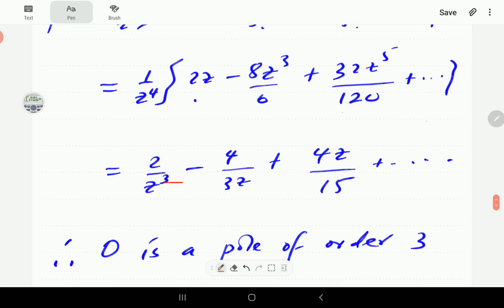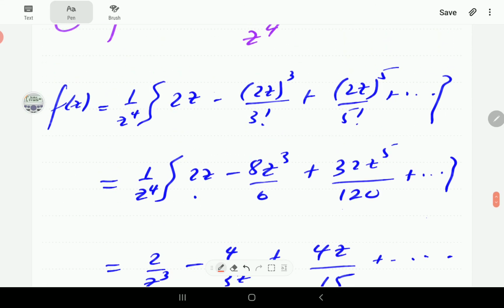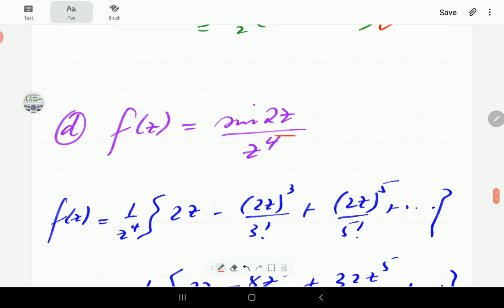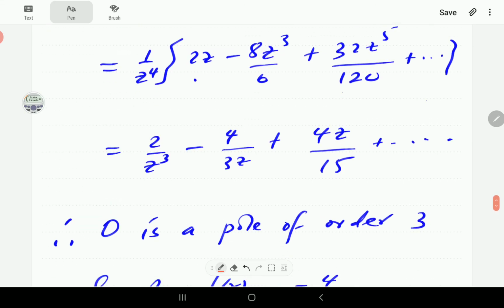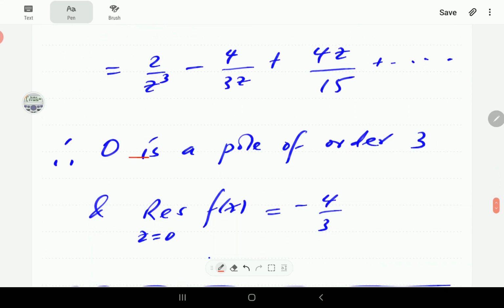And when we do that, we find that it's actually a pole of order 3. So it means even though it looks like a root of multiplicity 4, it's actually a root of multiplicity 3 of the denominator. So 0 is a pole of order 3. And then from the Laurent series, we can simply read off the residue, which is minus 4 on 3.